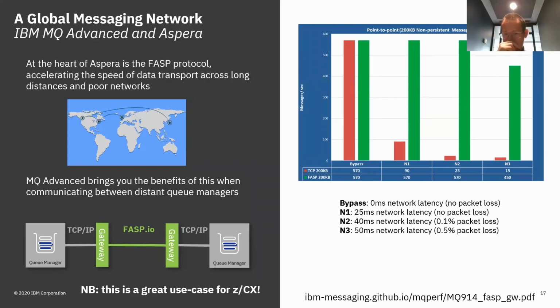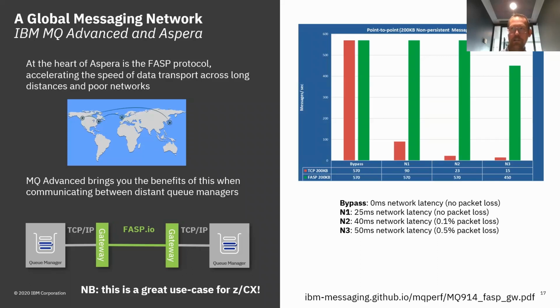So if we talk about why this is relevant for MQ, MQ is all about connecting applications together regardless of where they're running. Some customers have their applications close together, but other customers actually cross continents or the world with MQ.